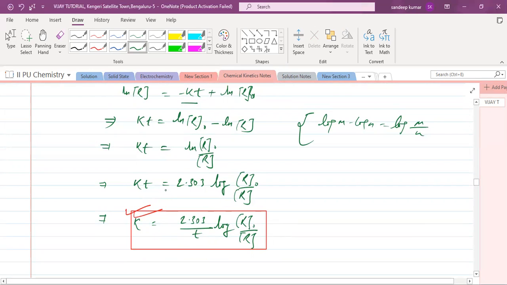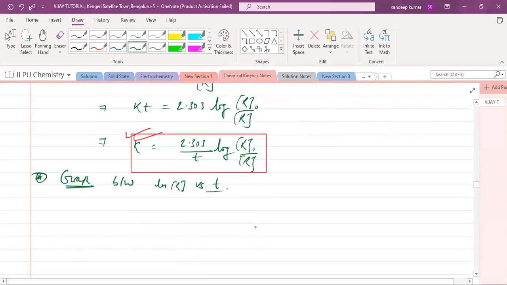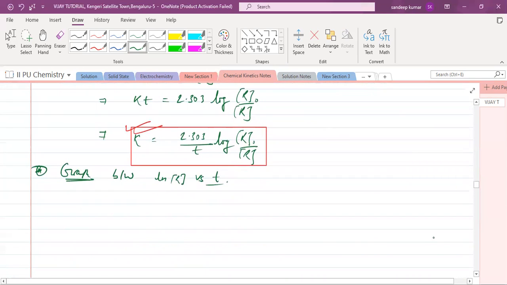Some graphs are also important. If you see some graphs related to this, they may ask you for the graph between ln R versus time. So what is the equation?